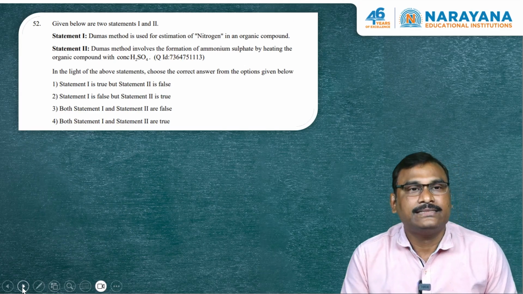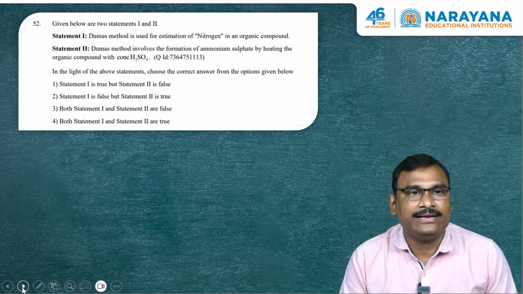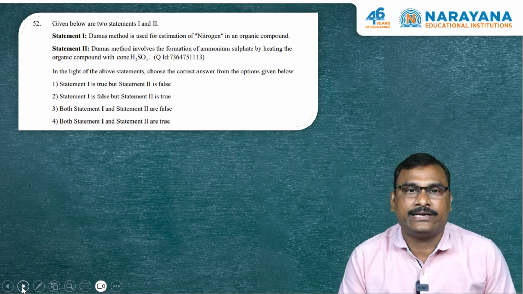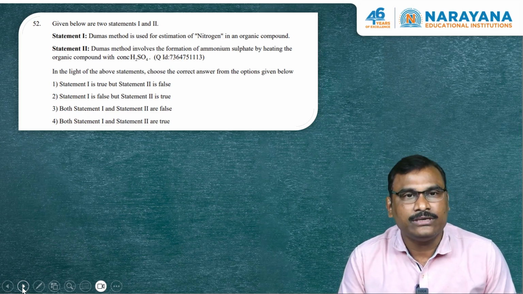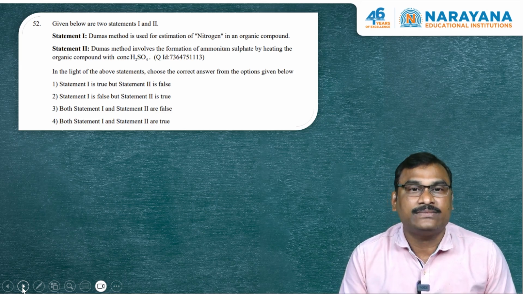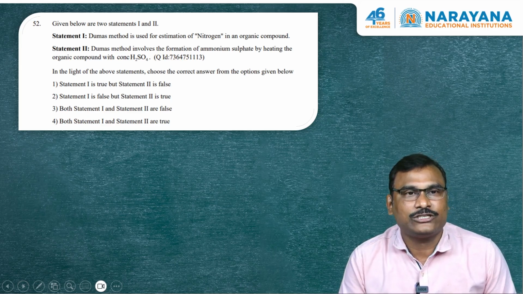Yes, that is a statement based question. Here, statement 1 is given as Dumas method is used for the estimation of nitrogen in an organic compound. Yes, Dumas method is used to estimate the nitrogen. And statement 2 is Dumas method involves the formation of ammonium sulfate by heating the organic compound with concentrated H2SO4.